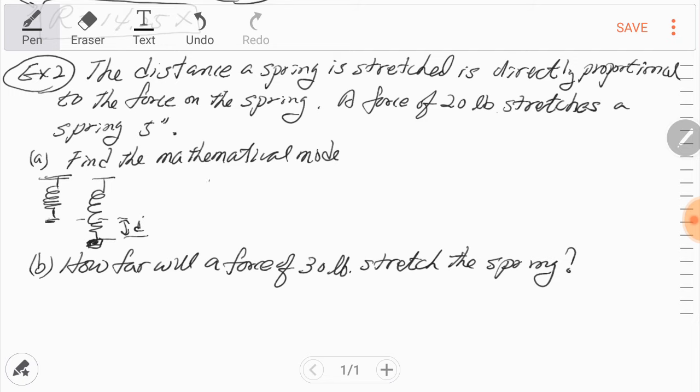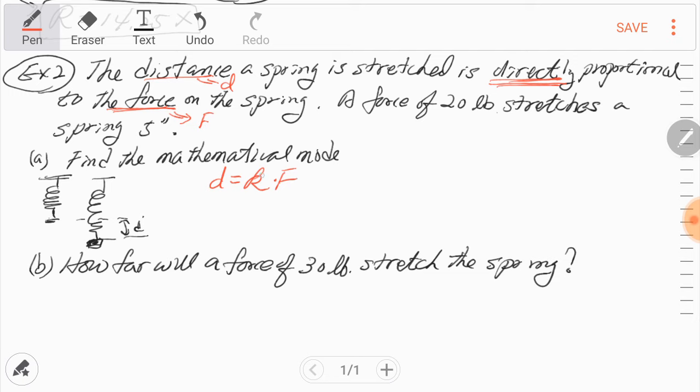It says the distance a spring is stretched is directly proportional to the force on the spring. So let's use the variable d for distance, and the variable f for the force. We can write an equation: the distance is directly proportional, so directly then multiply k by the force.